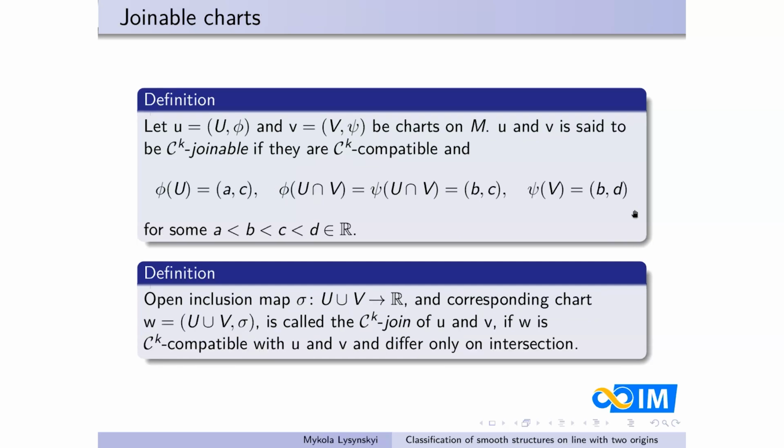First, I want to recall the well-known result of the classification of smooth structures on Hausdorff one-dimensional manifolds. For that, I will recall the definition of joinable charts. Let us have two charts U and V on M. They are said to be C^k joinable if they are C^k compatible and the following condition is fulfilled: they are the same on the intersection.